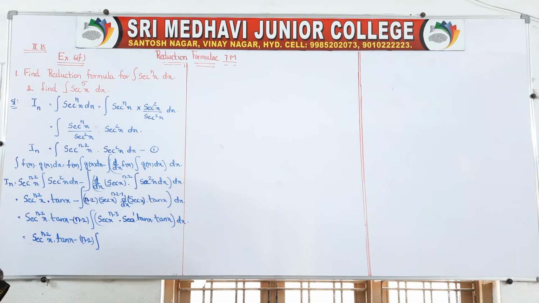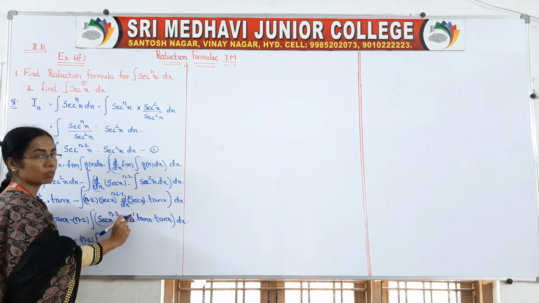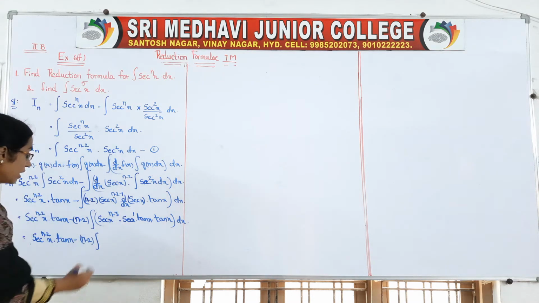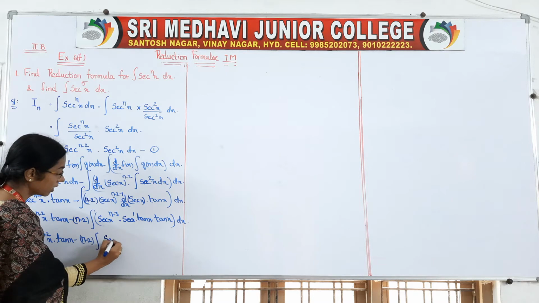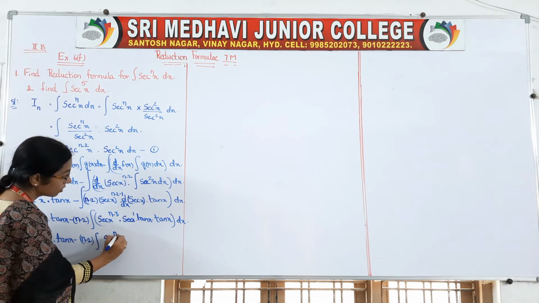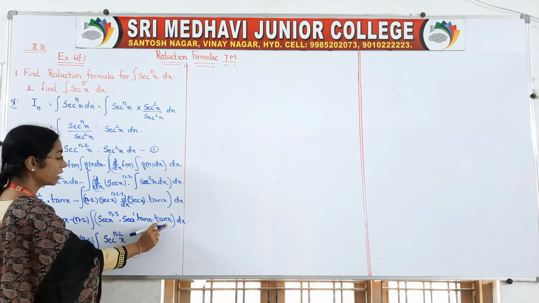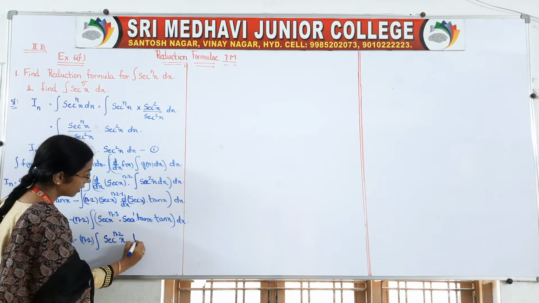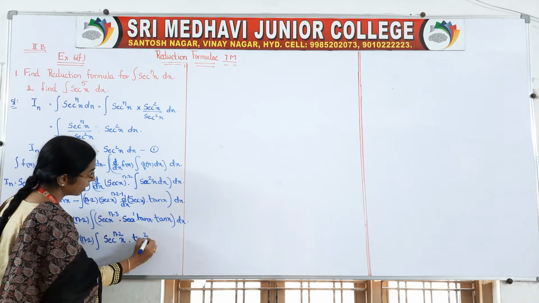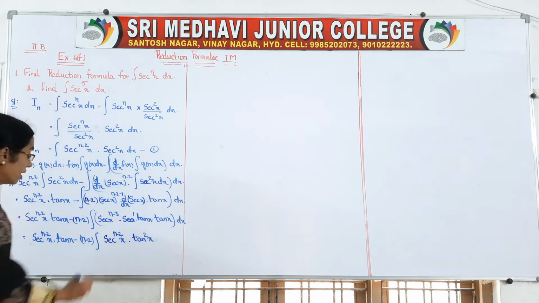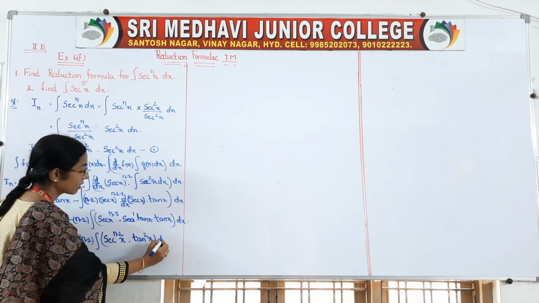So n minus 3 plus 1 is n minus 2. So this is secant x to the power of n minus 2 into tan x, it is tan square x, into dx.